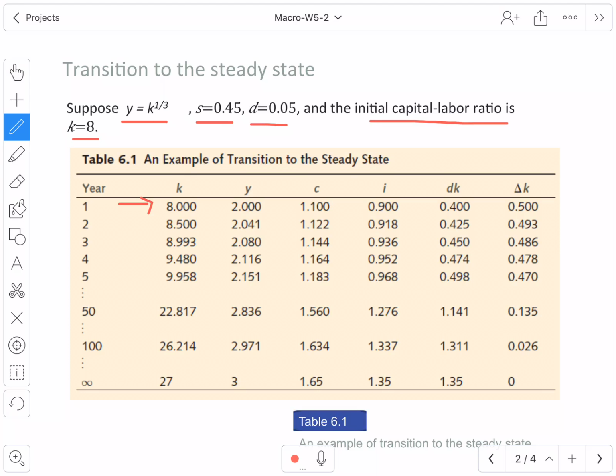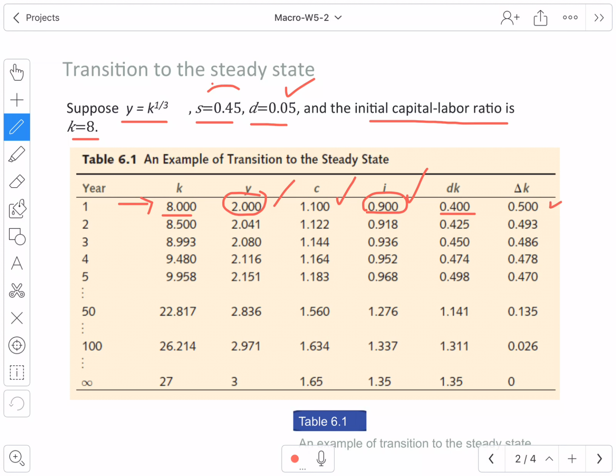We have income of 2, 1.1 out of it, which is 55%, going to consumption, and 45% going to the savings. So 45% times 2, s times y, will give you this number. d is the 5%. 5% times k, 8, will give you this number, right?